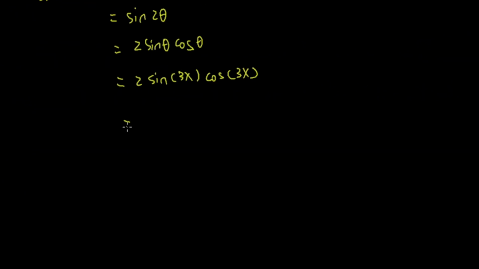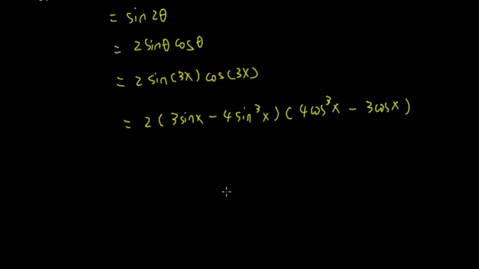So this is equal to 2 times 3 sin x minus 4 sin cube x, times 4 cosine cube x minus 3 cosine of x.